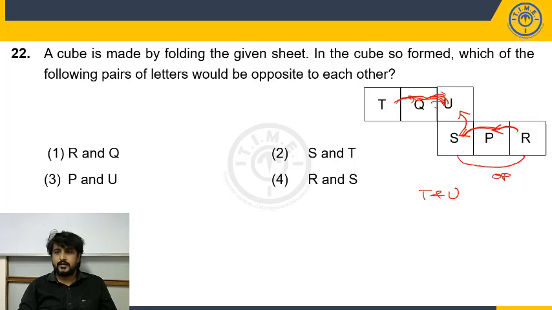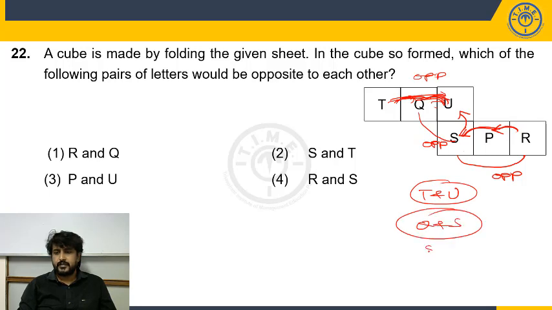So S and R are opposite, T and U are opposite. What are the remaining? Q and S. So Q and S will be opposite. The question is also the same: which of the following pairs of letters would be opposite to each other? Are R and Q opposite each other? No. What are the pairs opposite each other? T and U, Q and S, and R.